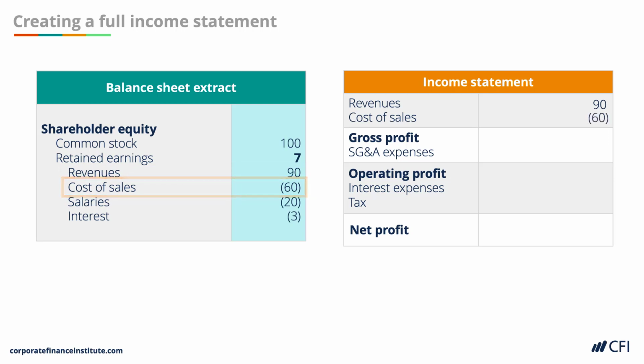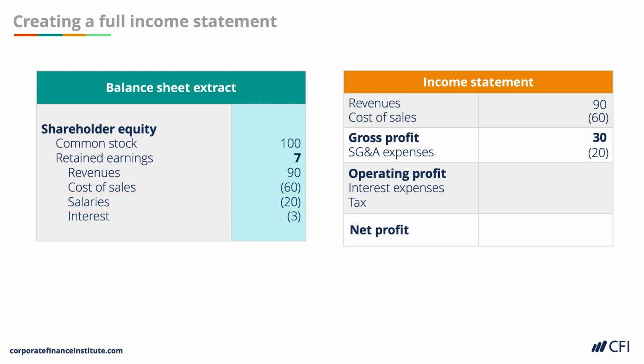And from there, we arrive at the subtotal of gross profit of 30. Next, we're going to deduct all other operating expenses. As you recall from the earlier example, the only expense we had in this simple example were salaries of 20, so we will deduct those.